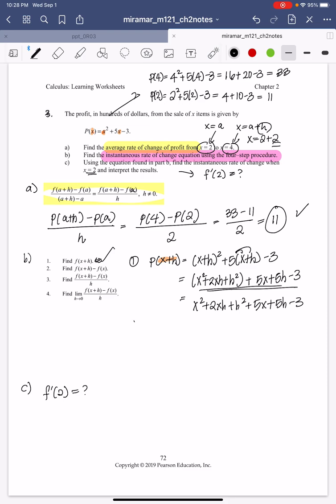Step 2, I have p of x plus h minus p of x. So what I'm doing is subtracting this term, p of x plus h, minus this term here, p of x, the whole thing.